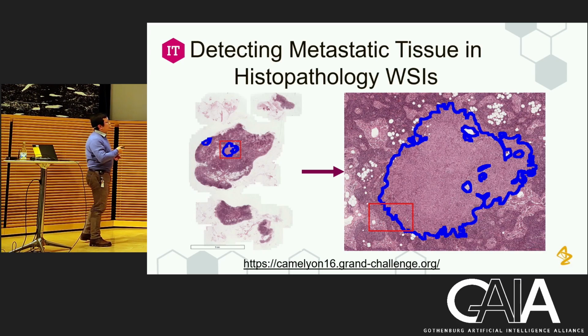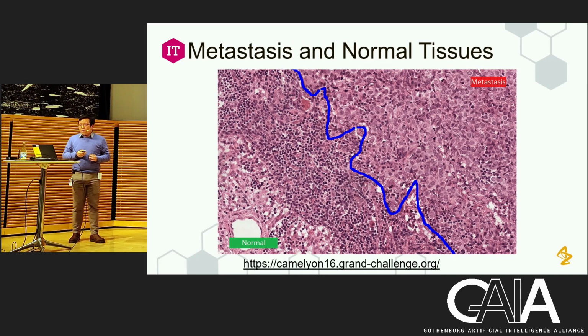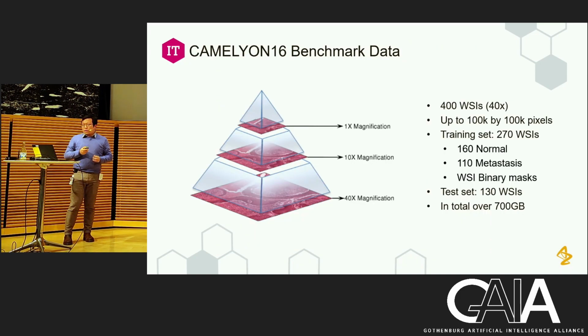If you zoom in on the area, you can see there's some morphological difference between the tissues, but for a normal person you can't really tell the exact difference. This is a zoom-in version where you can see the separation between normal tissue and the metastatic tissue.